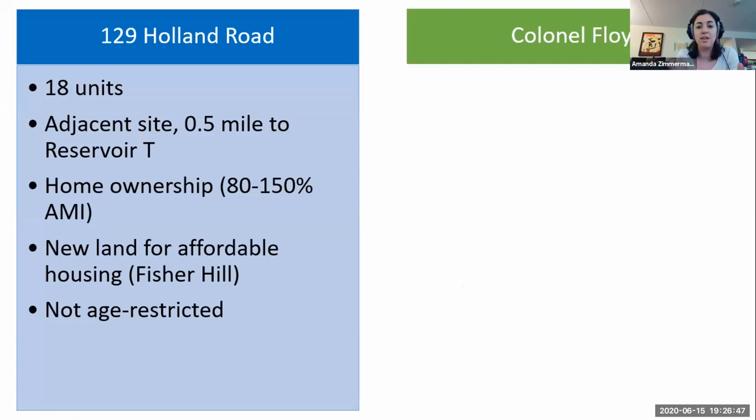They're 80 to 150% AMI. Generally speaking, that's workforce housing, so people who can't afford to live here based on market rate values, but not incredibly low income. Using this option would mean we expand the geographic footprint of our affordable housing stock. And the last point on this is that it's not age restricted.